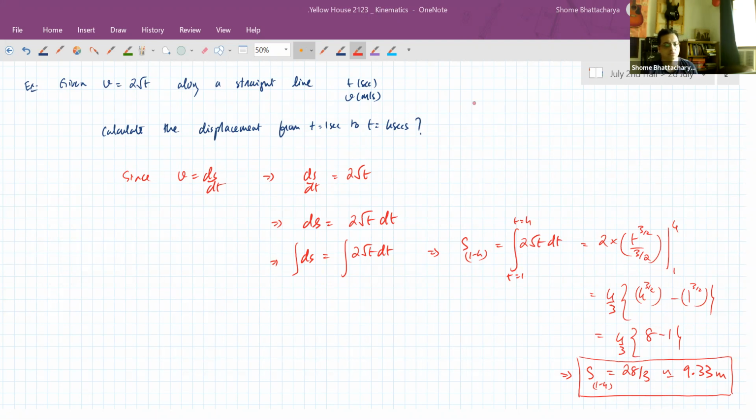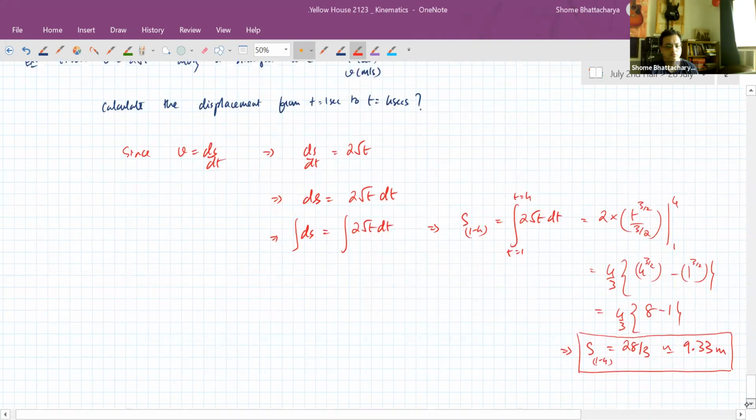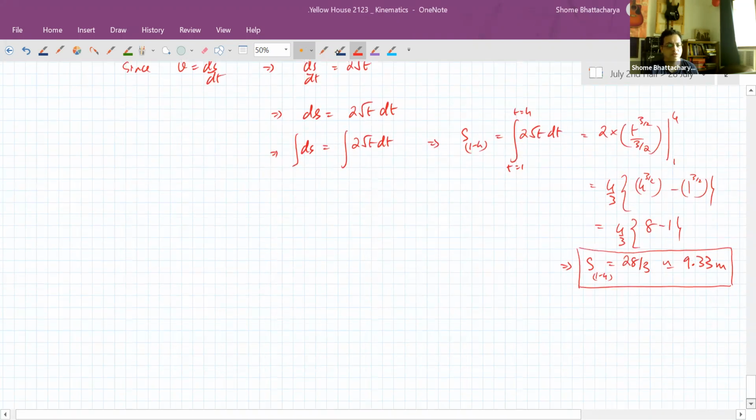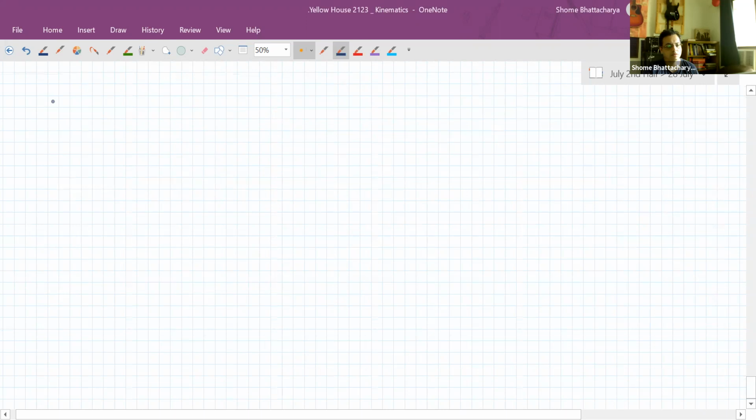Okay, so this is one important type of relation. Now the other one is that acceleration, instantaneous acceleration, is rate of change of velocity. So the inverse of this is this integration. Let's say at time t1 the velocity was v1, and at time t2 the velocity was v2.